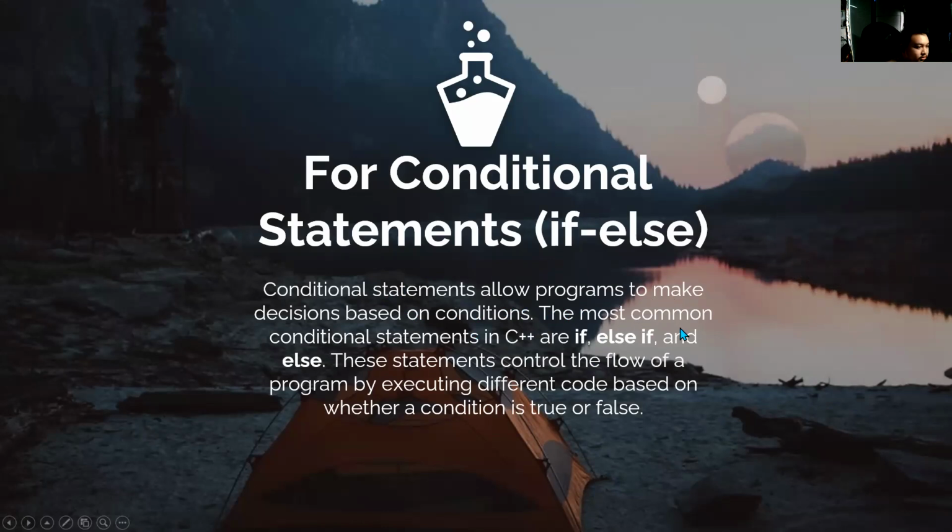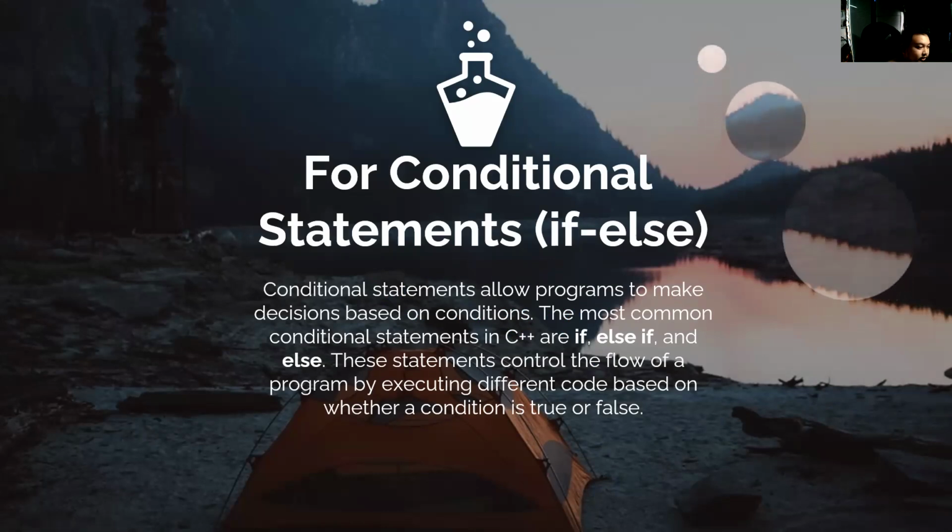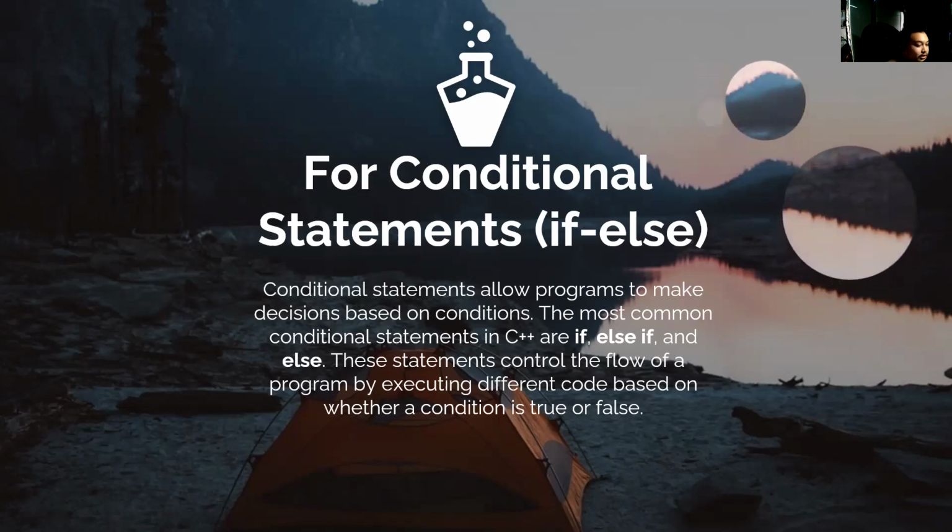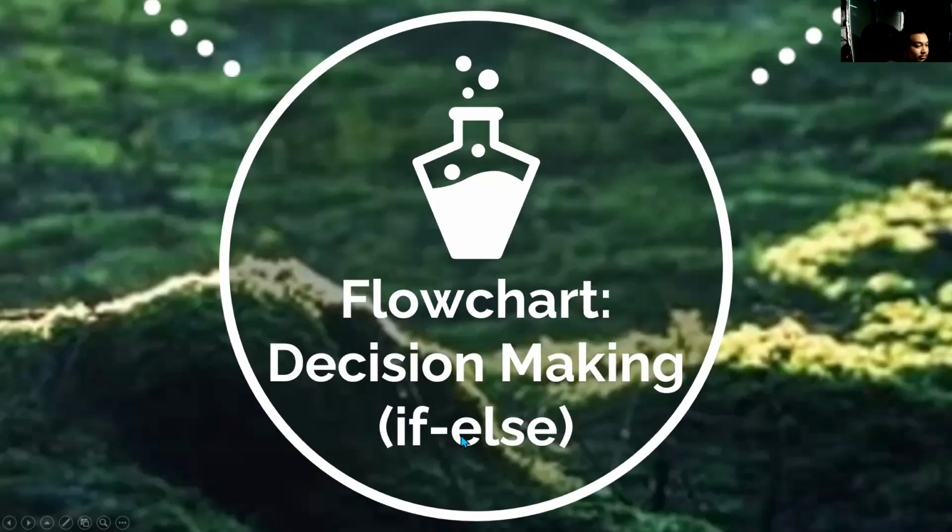So as the term says, conditions. If it's not this, then else it's that. That's in simple layman terms. The most common conditional statements in C++ are if, else if, and else. These statements control the flow of a program by executing different code based on whether a condition is true or false.